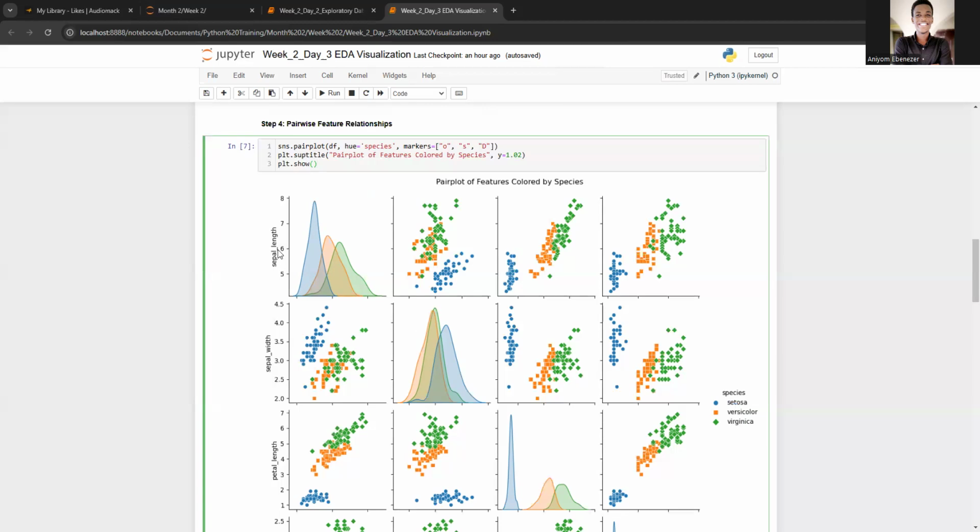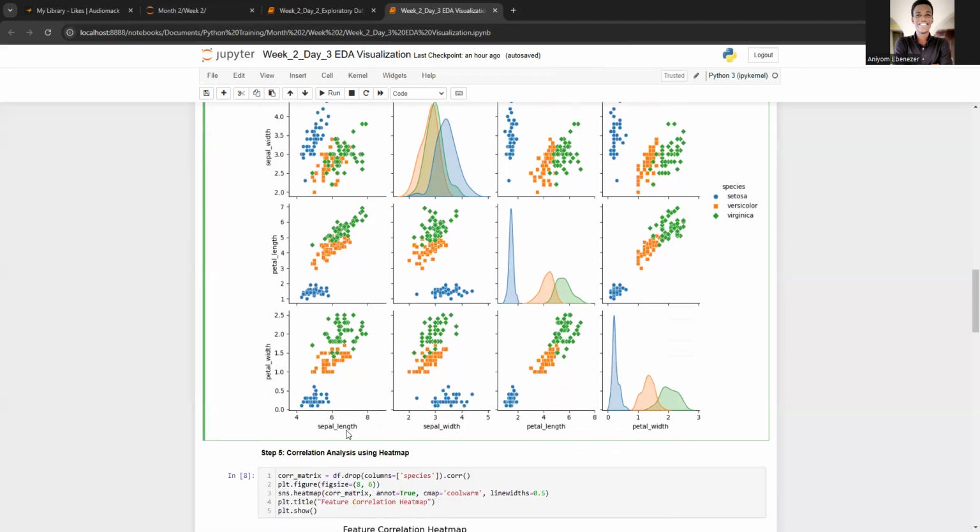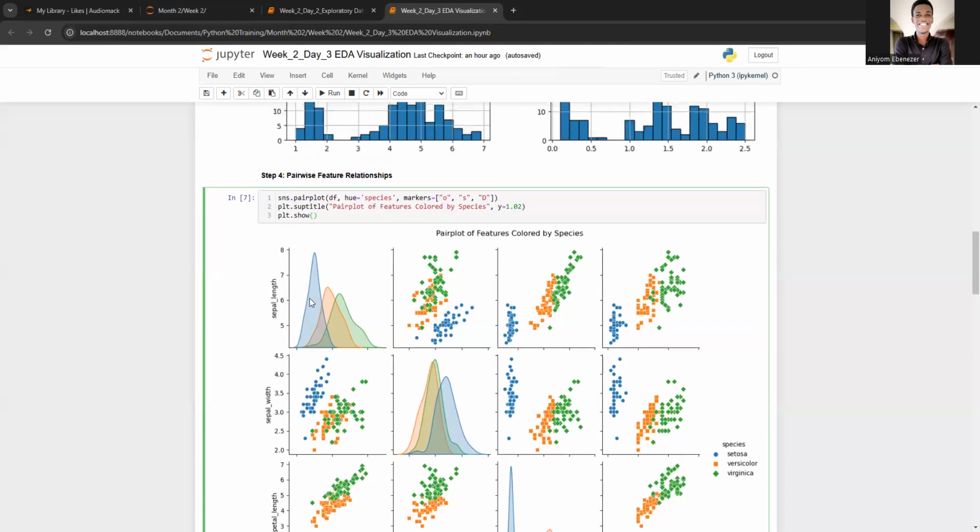So if you look very closely here, with respect to sepal length below, I'll be having a normal distribution for Setosa, and then I have another normal distribution, though it deviates from that of Setosa, for versicolor, right? And the same thing is applicable for the last one.